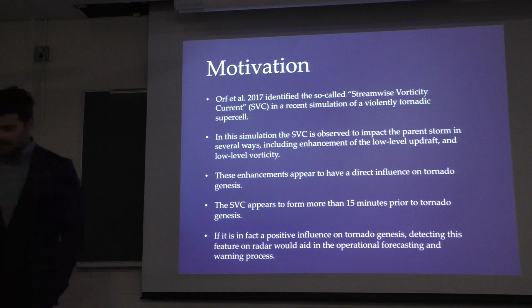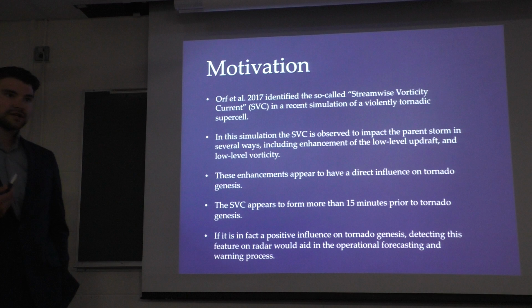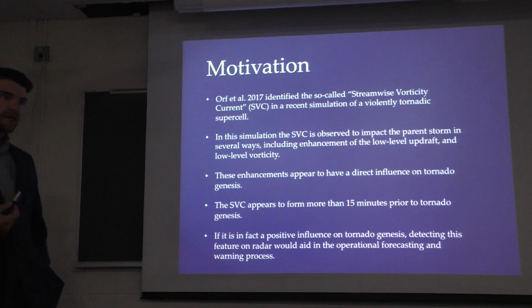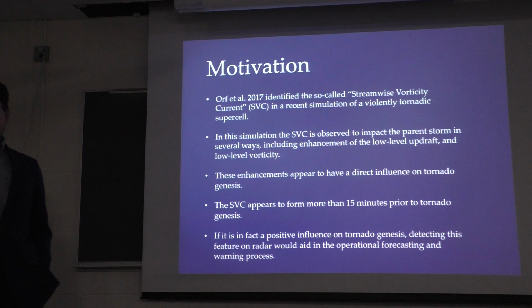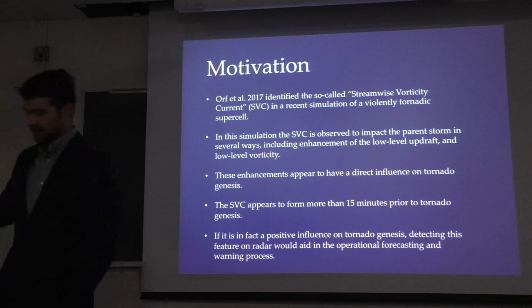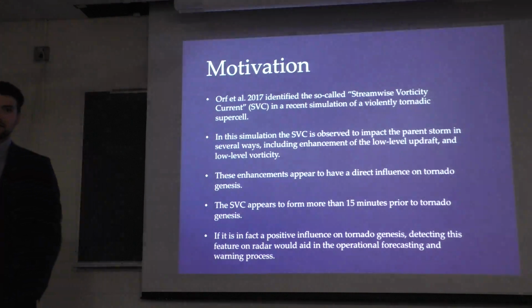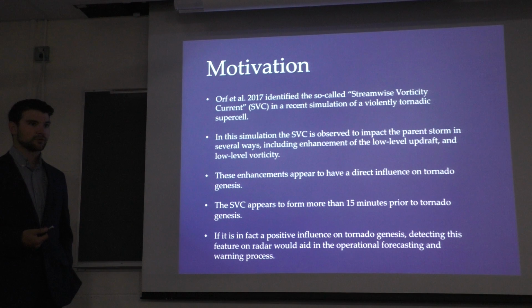It was pretty quickly apparent that this thing seemed to have an influence on the low-level updraft in the supercell, and it worked to enhance the low-level updraft and also the low-level vorticity. And of course, when you enhance the low-level updraft and low-level vorticity, you also enhance your probability of forming a tornado.